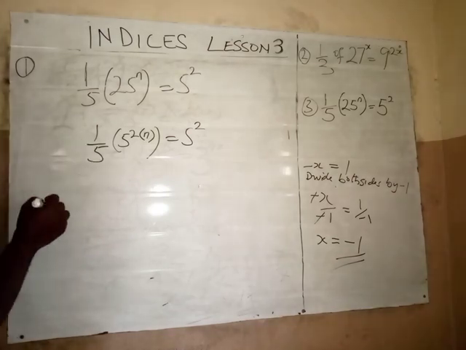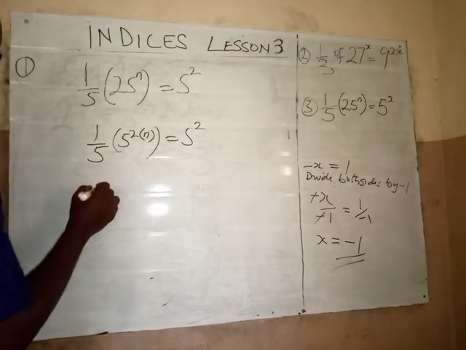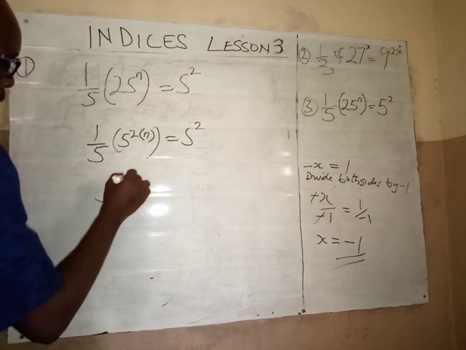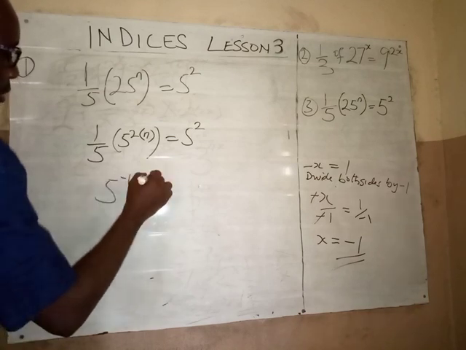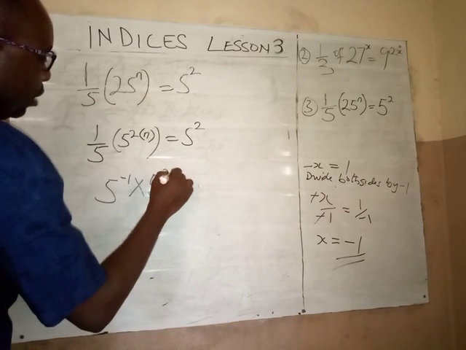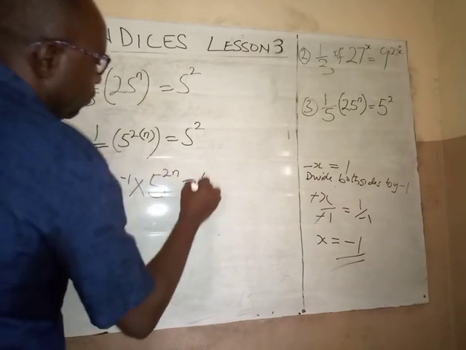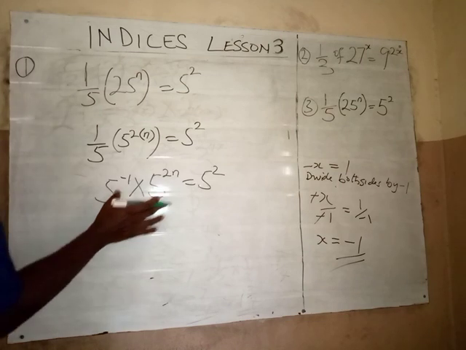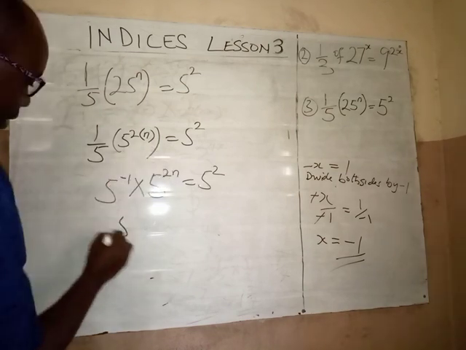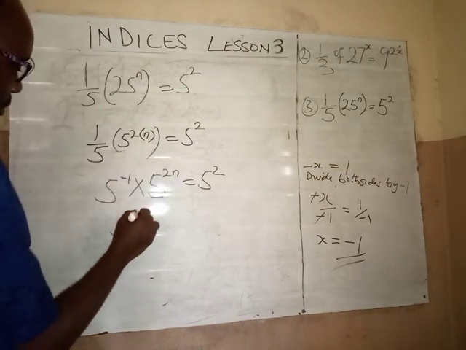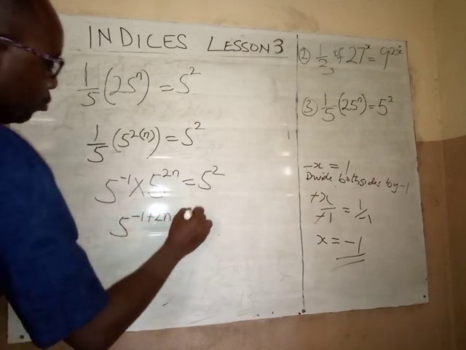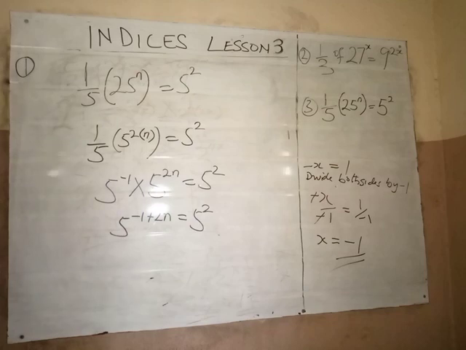So 1 over 5 is the same thing as 5 raised to power minus 1, times 5 raised to power 2n equals 5 raised to power 2. Here we apply multiplication, you add the powers. So 5 raised to power minus 1 plus 2n is equal to 5 raised to power 2.